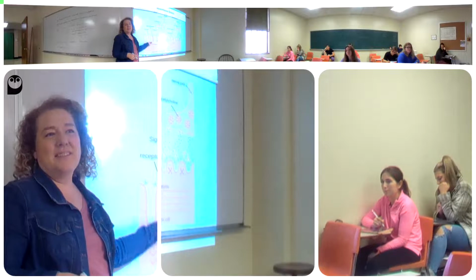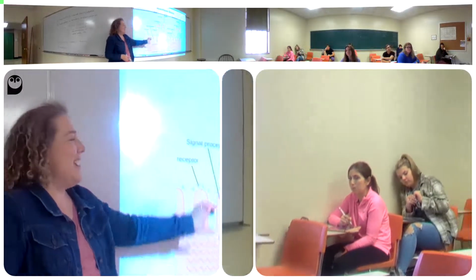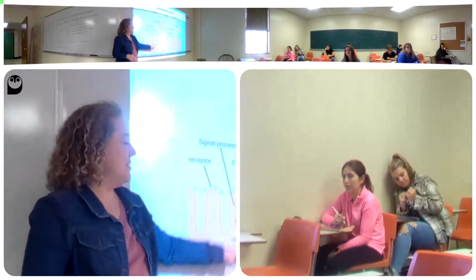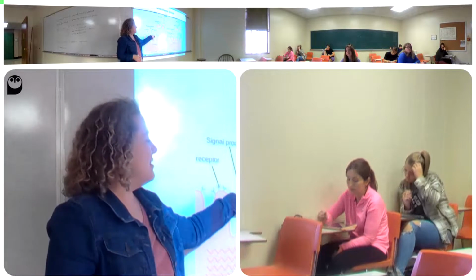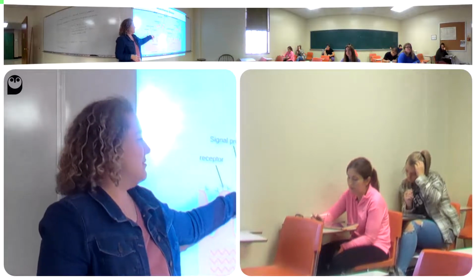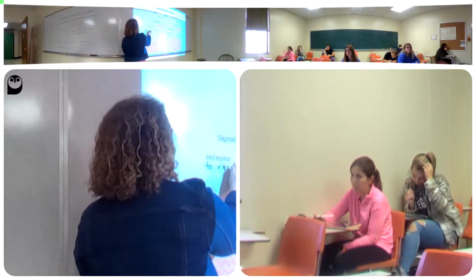The artist is not a biologist. Anyway, this is a muscle cell, and these signals are coming from a neuron to tell the muscle cell to contract. To do that, they have to bind onto this receptor here. So there are receptors to receive the signal.